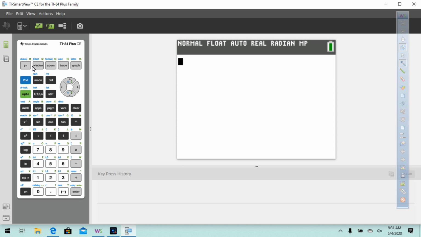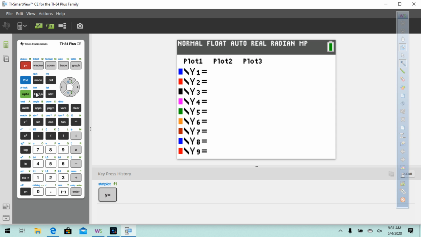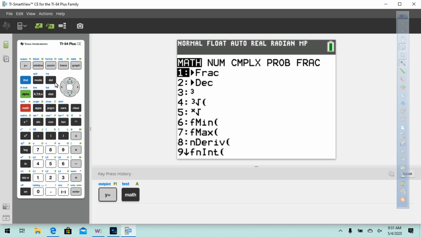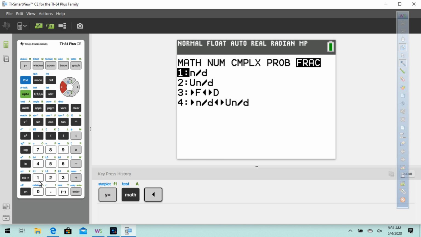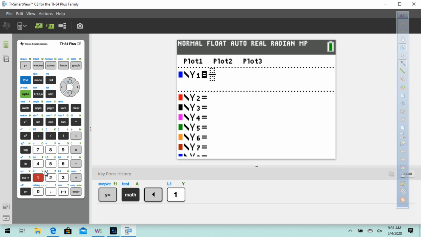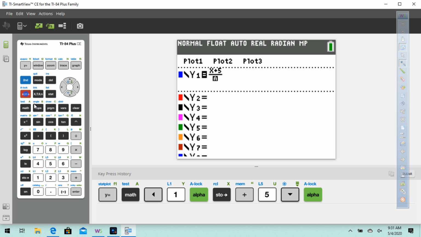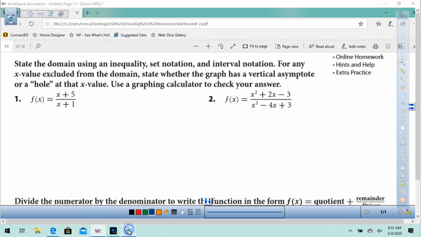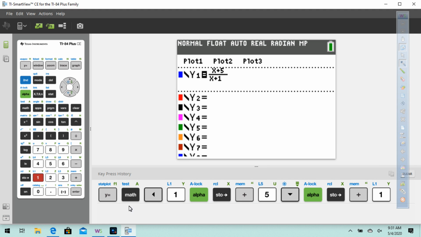So go here, y equals, and then math, and I'm going to go to fraction, numerator over denominator, and I got x plus 5 over x plus 1. Let's check that.